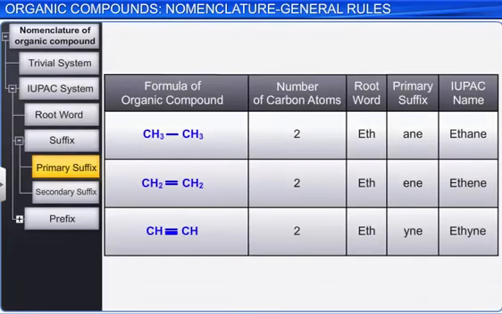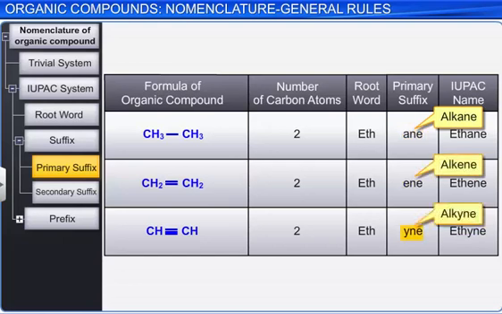A primary suffix is added to the end of the root word. It indicates if a compound is saturated or unsaturated, that is, whether the compound consists of single or multiple bonds. The three primary suffixes are ane for alkane, ene for alkene, and ine for alkyne.